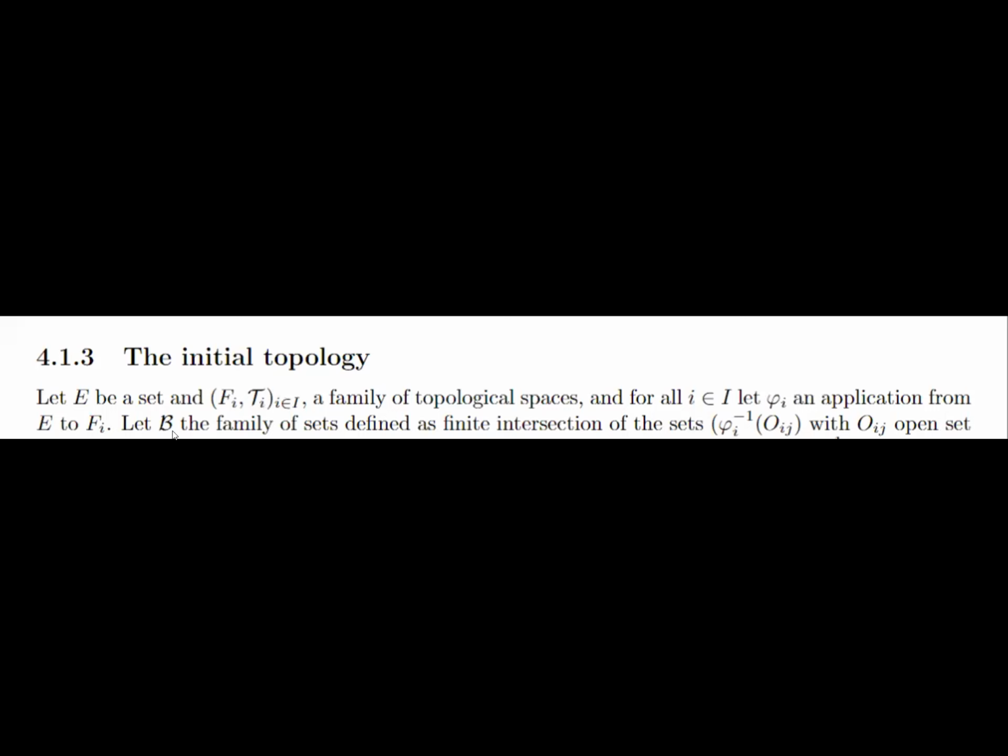So your elements in B are defined as a finite intersection of the sets phi i minus 1 of an open set in Fi. Then when you do that, B satisfies the assumptions 4.1 and 4.2.